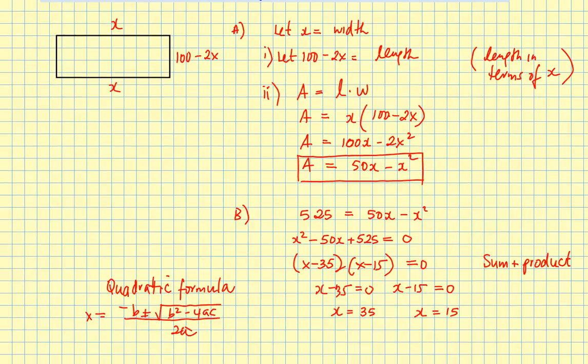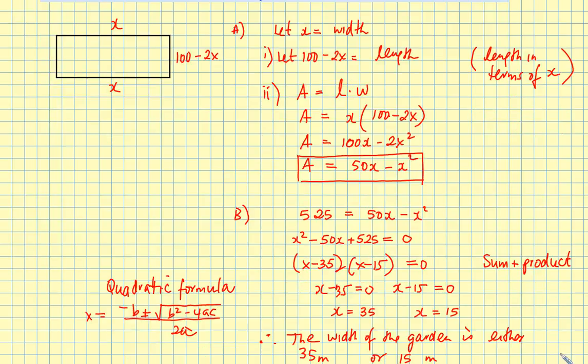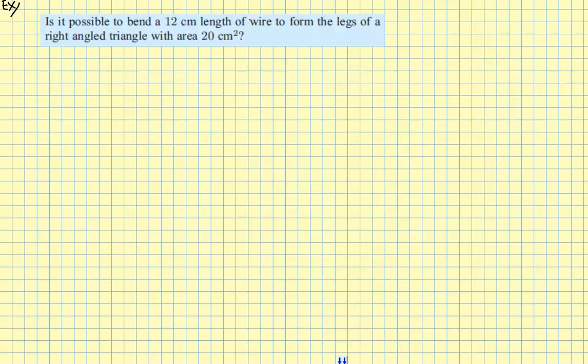Since we said that the width was equal to the value of x, the width of the garden is going to be either 35 meters or 15 meters. I'm not sure if it was meters or units. Yeah, it was meters.